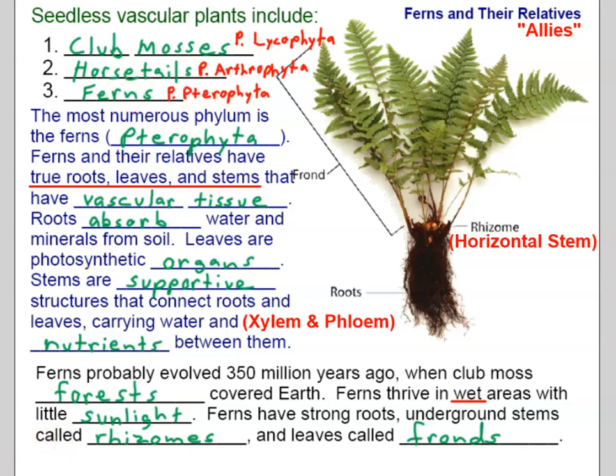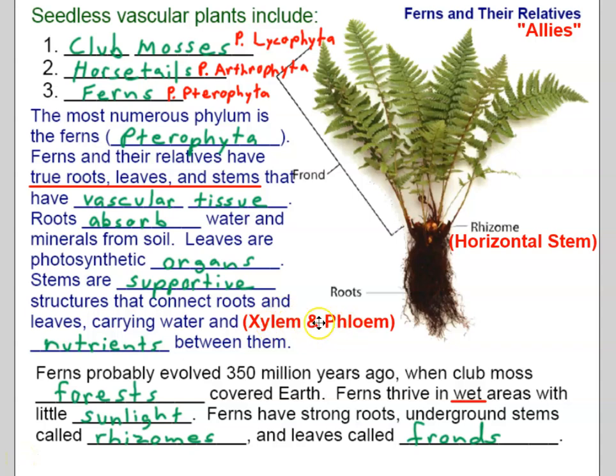Because they're the first to have vascular tissue, they're the first to have what's considered true roots, leaves, and stems. In other words, a true root, a true leaf, a true stem are roots, stems, and leaves that contain vascular tissue. That's the key in the definition of a true root, stem, and leaf.